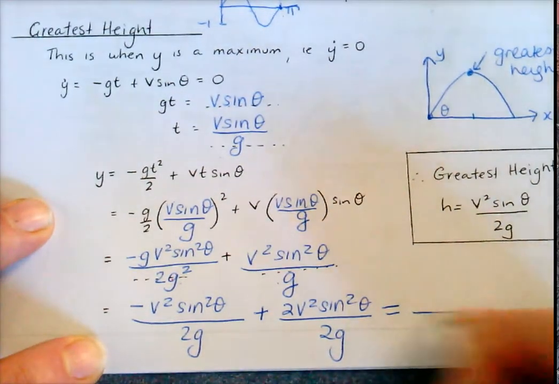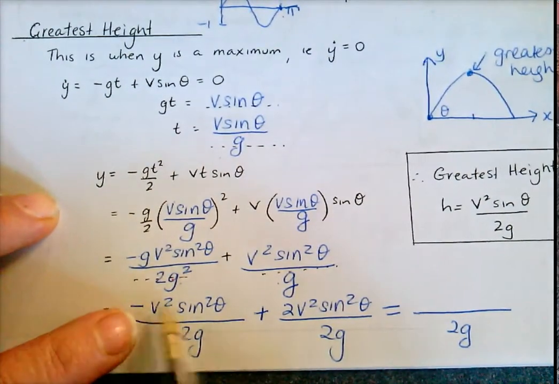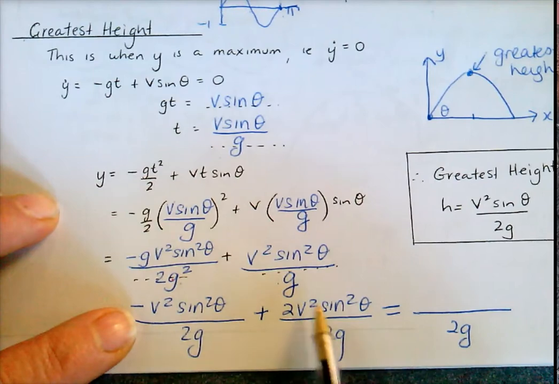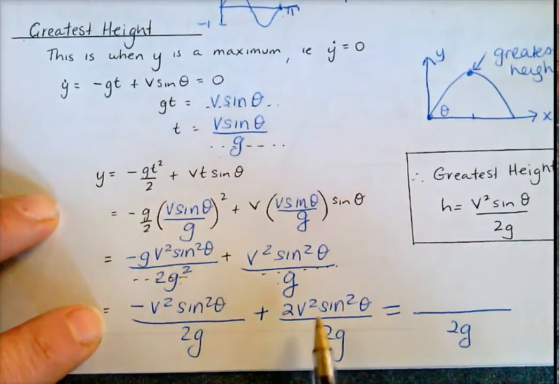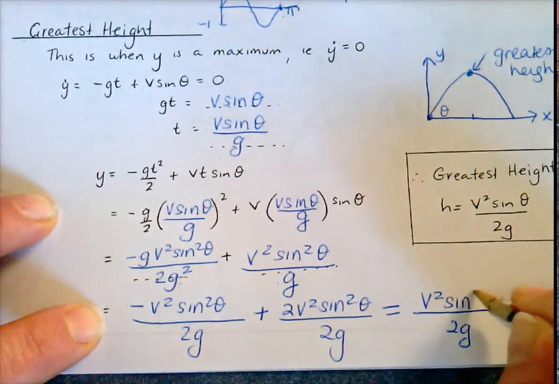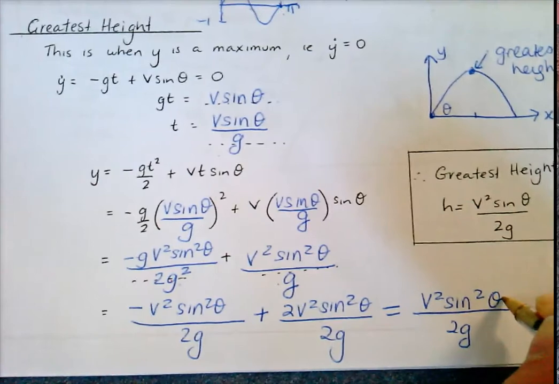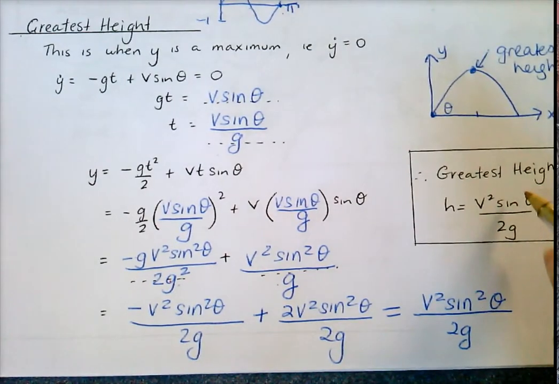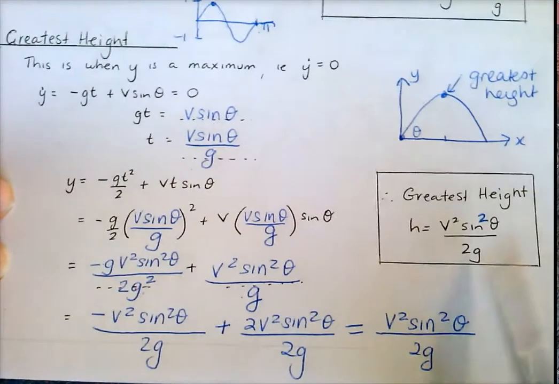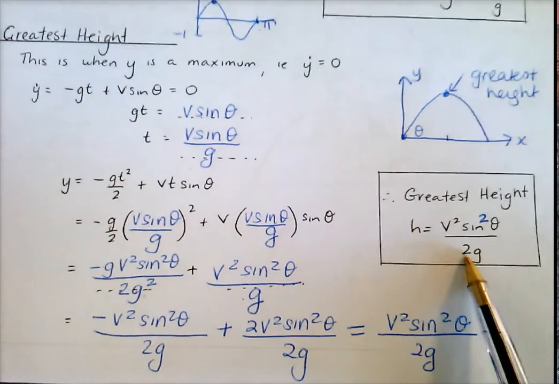Now that I've got a common denominator of 2g, what is negative v squared sine squared theta plus 2v squared sine squared theta? 1v squared sine squared theta. So if you could please fix this sheet up, height is v squared sine squared theta on 2g.